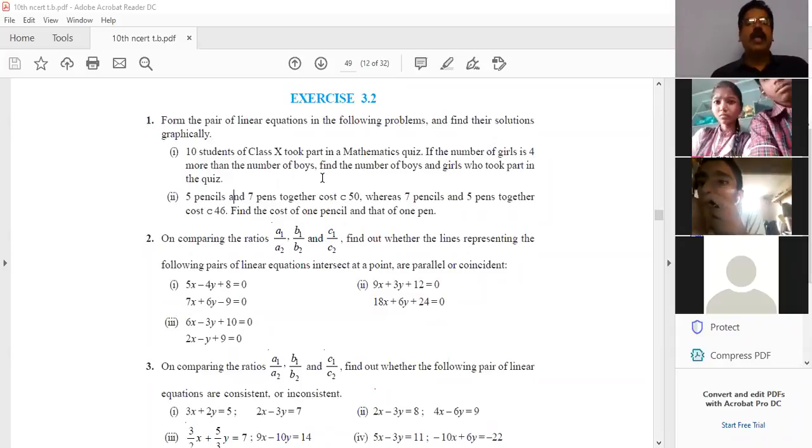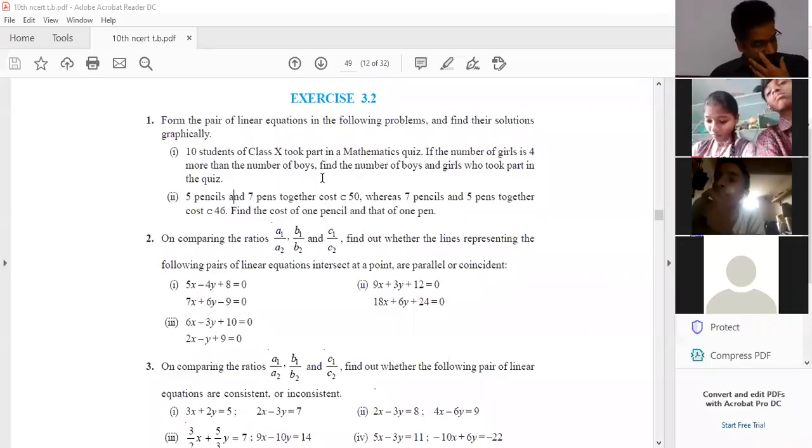So these are the two equations whose graph you have to draw. First equation is X plus Y is equal to 10. Second equation is Y is equal to X plus 4. Find the solutions and draw the graph. That is the first question. Do everything in the graph book only.